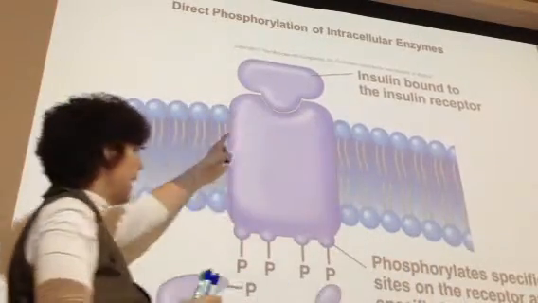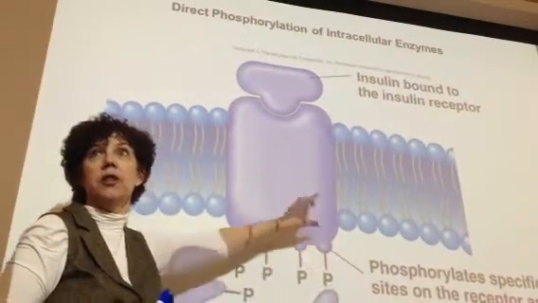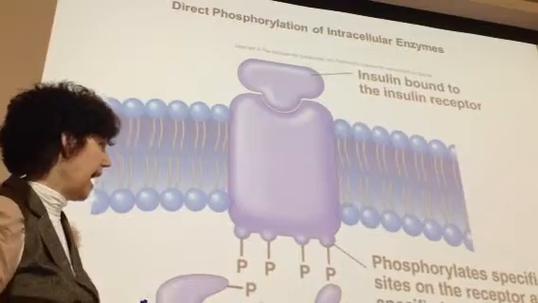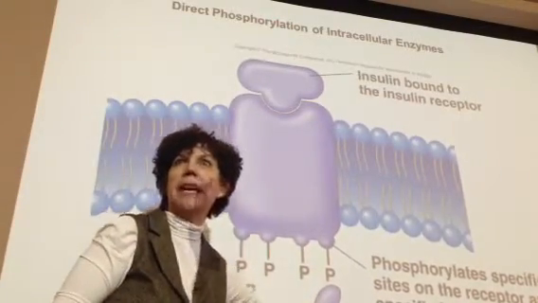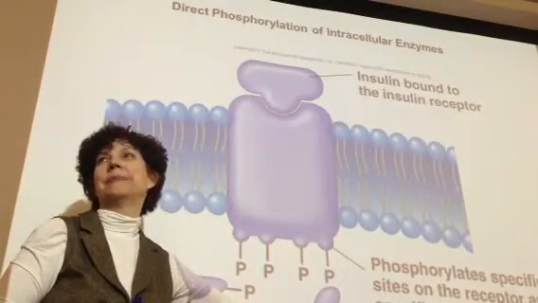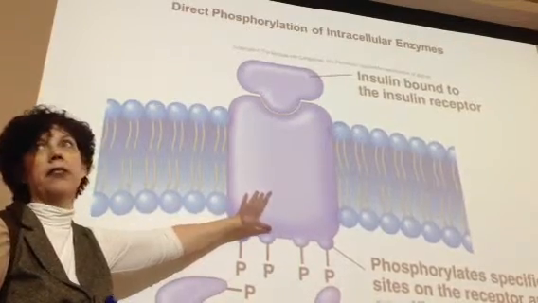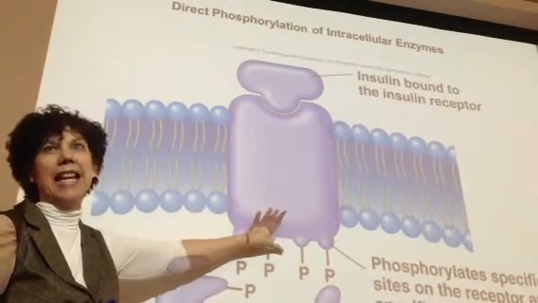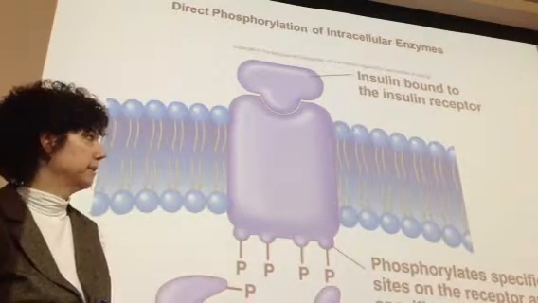When the hormone binds to it, phosphate groups will attach to the receptor, and then cellular molecules bumping into that will have that phosphate group added to them. So the receptor itself, you're absolutely correct, is functioning as a protein kinase molecule, a phosphorylating molecule. Okay.